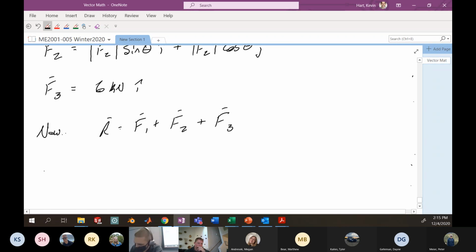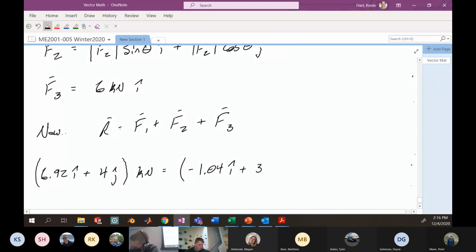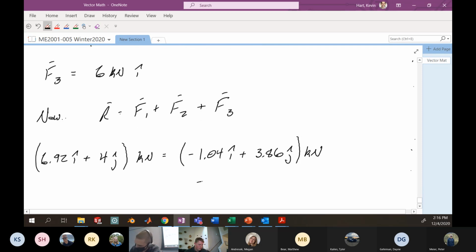My resultant force is 6.92 i hat plus 4 j hat kilonewtons. This is going to be equal to F1, which is negative 1.04 i hat plus 3.86 j hat kilonewtons. That's my F1.